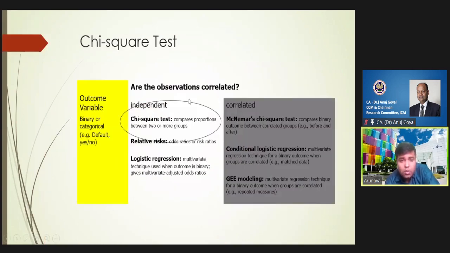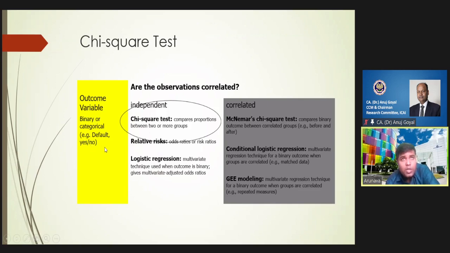So the question to ask here is, are the observations correlated or independent? If they're correlated, we cannot do a chi-square test. If the observations are correlated, we have to do some other kind of test, whose names are given here. I'm not going into the details of that. But if they are not correlated, we should go ahead with the chi-square test, given the outcome variable is binary or categorical.